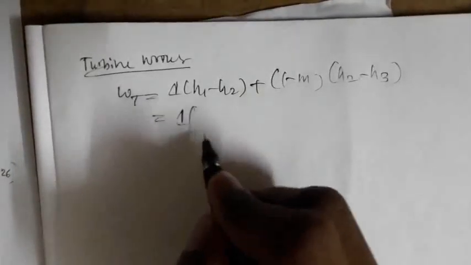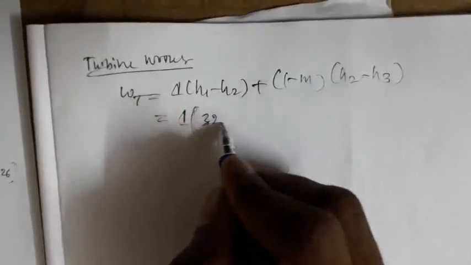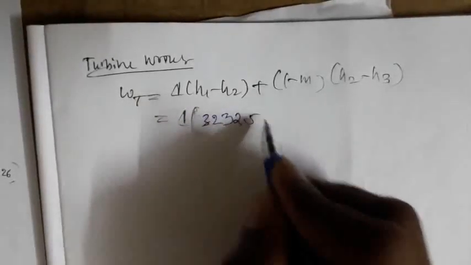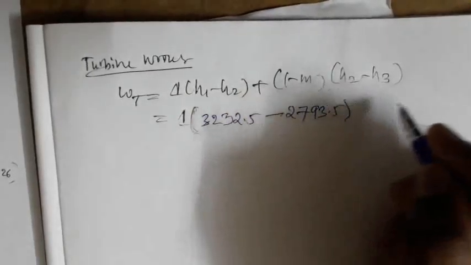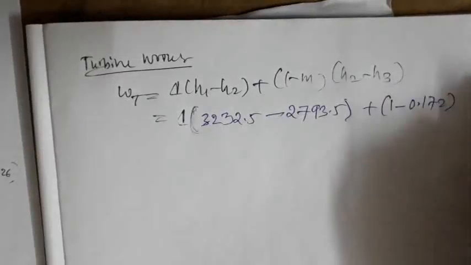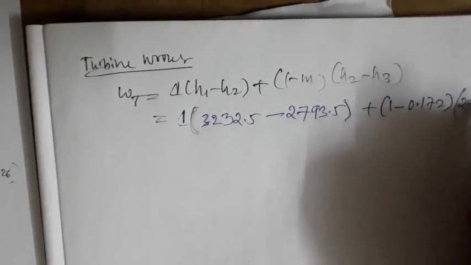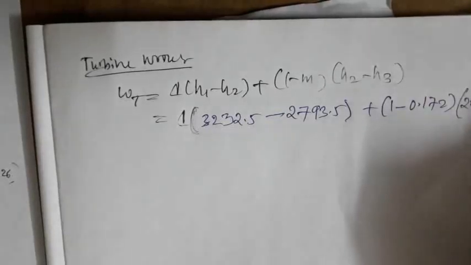So we'll substitute the data, that is 1 into H1 is 3232.5 minus H2, which we have calculated as 2793.5, plus 1 minus 0.172 into bracket, H2 minus H3, which is 2192.26.